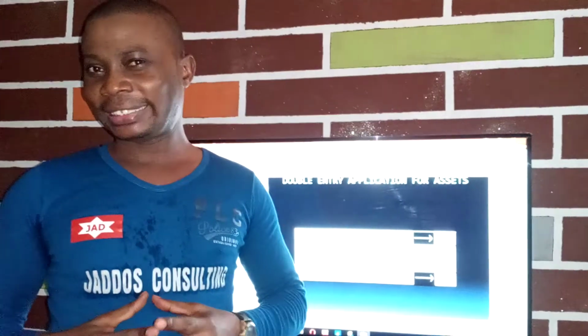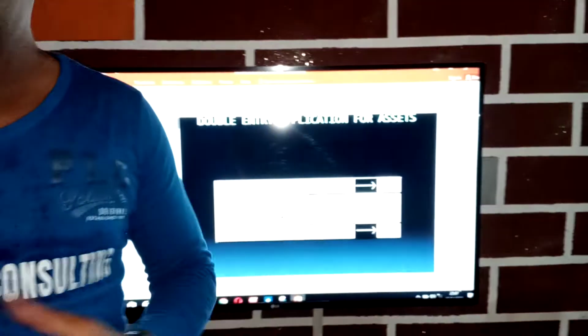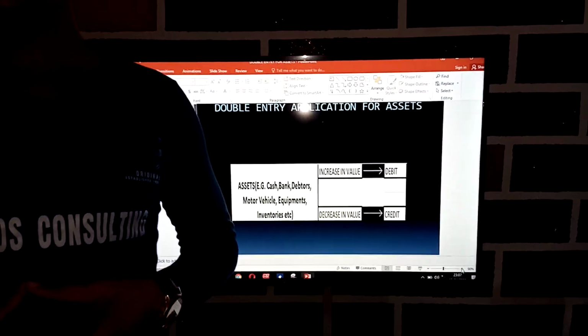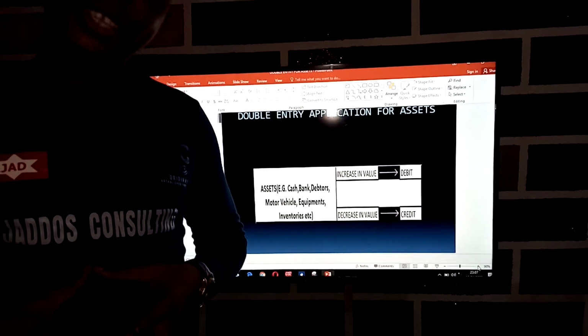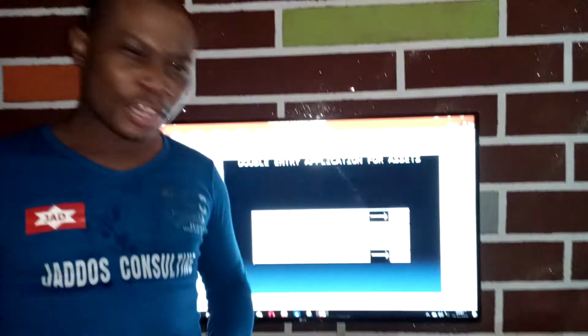And then I said by a local standard, we refer to them as fixed assets. I gave examples: land, building, furniture, equipment. These are all examples of non-current assets, also referred to as fixed assets.